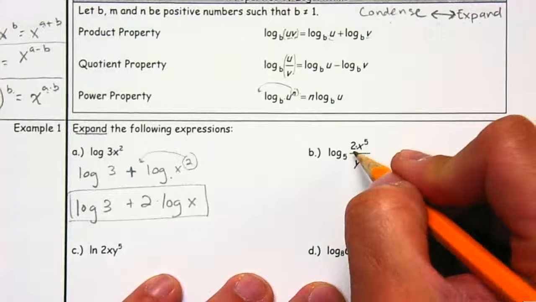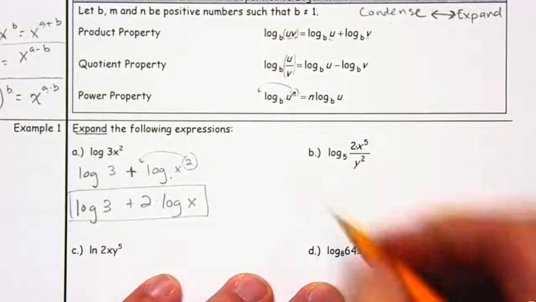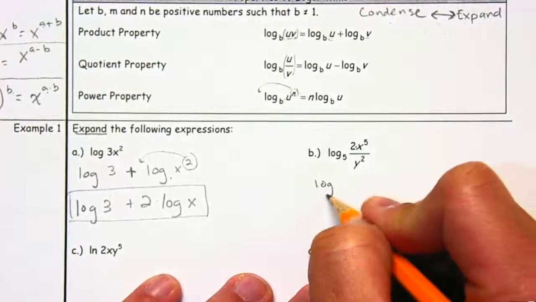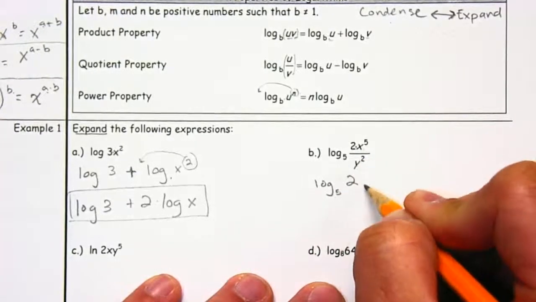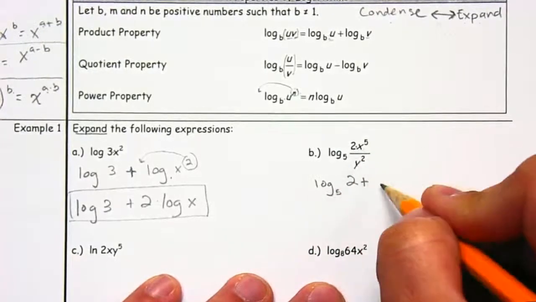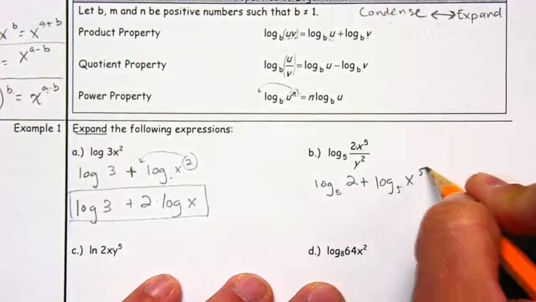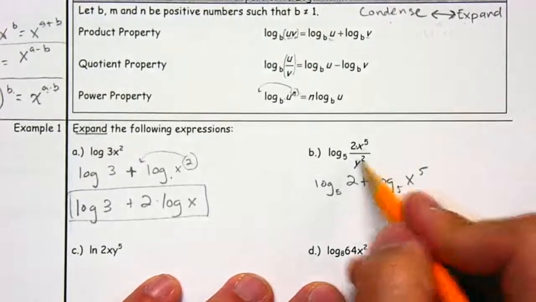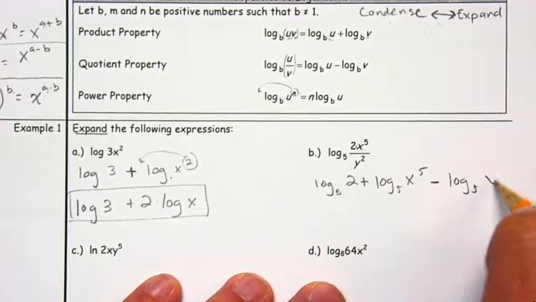So I have three things, the 2, the x to the 5th, and the y squared. So I have room for three separate logs. One for the 2. Then it's plus, because I have times x to the 5th, so that's log base 5 of x to the 5th. And then since the y squared is on the bottom, we're going to subtract that one, log base 5 of y squared.